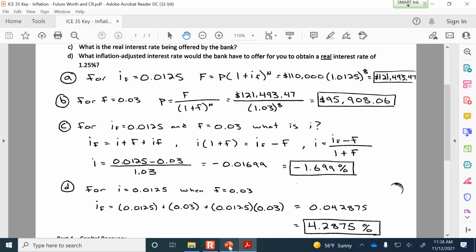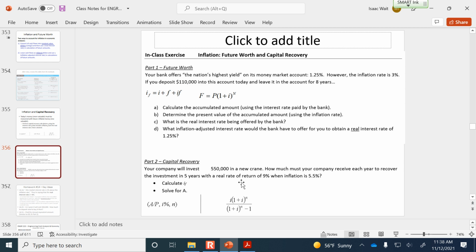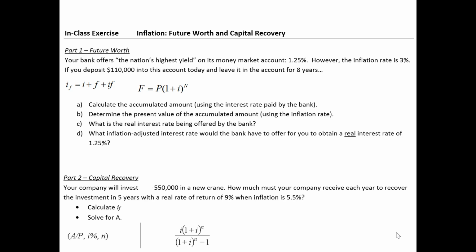So on that in-class exercise, part 2, I give you the bullet point step-by-step instructions that, first of all, you're given I and F, so calculate I sub F, and then solve for A using the I sub F that you've just calculated.